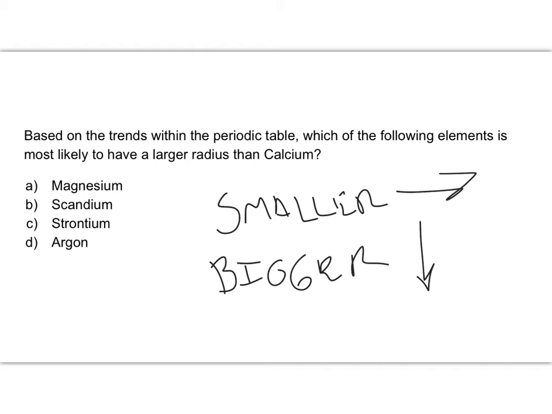So if you're looking for one that's bigger than calcium, you'd want to find an element that is either to the left of calcium or below. And so all of these elements are either to the right, which makes them smaller. Scandium and argon are to the right. Magnesium is above, so that makes it smaller. So the only one that we can say for sure would have a bigger radius is strontium, because it's below calcium on the periodic table.